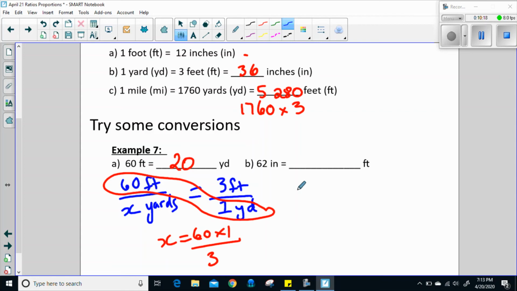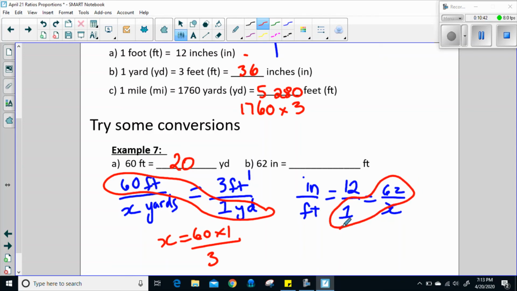Here I'm doing inches to feet. So inches to feet. Remember, I've got 12 inches in 1 foot. And I'm being given that I have 62 inches, and I want to find it in feet. Again, let's do a quick little cross multiply. Numbers that are diagonal from each other. X equals 1 times 62 divided by the number across from the x, which is 12.